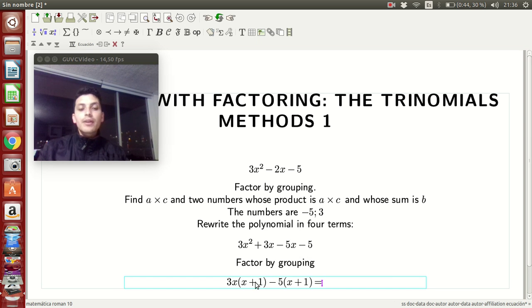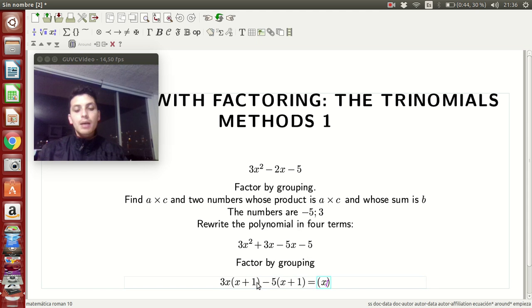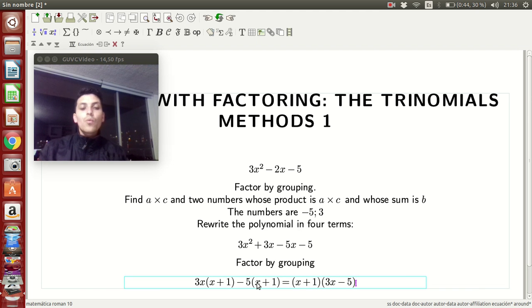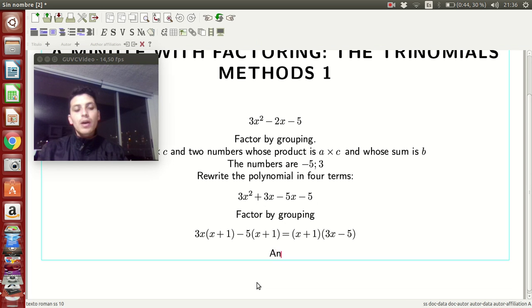And we can apply the factor by grouping. The common factor is x plus 1 and 3x minus 5. So we did the factor by grouping.